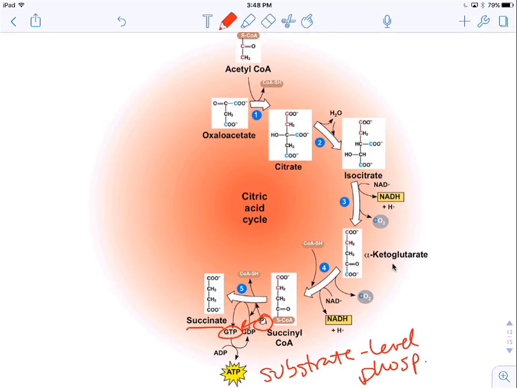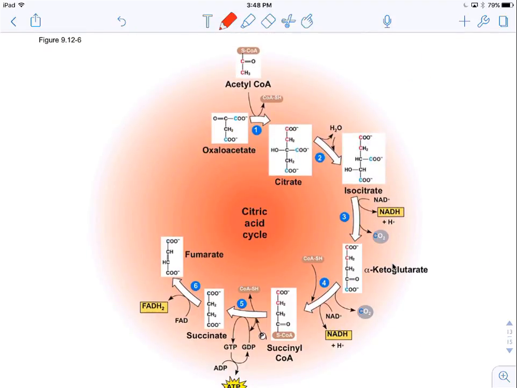Okay, so now I've got 2 molecules of NADH, 2 molecules of carbon dioxide, and 1 ATP. However, we're not done wringing the energy. Think about, you got to wring a towel, wringing the energy out of our organic molecules. Okay. Then we take succinate and convert it to fumarate.